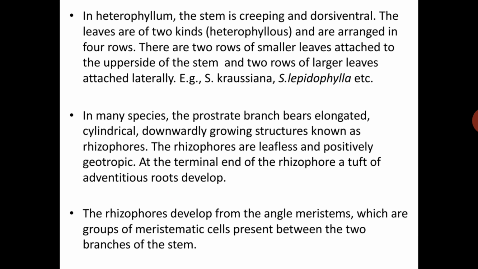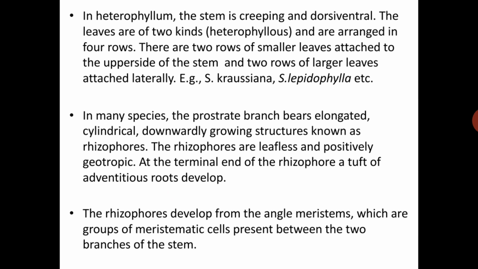In many species, the prostrate branch bears elongated cylindrical downwardly growing structures known as rhizophores. You already know the rhizophore, right? That's a downward-growing structure, negatively geotropic? No, positively geotropic. The rhizophores are leafless and positively geotropic.